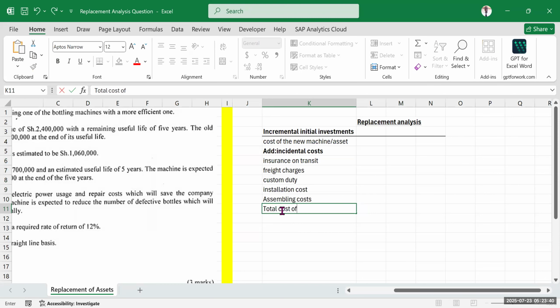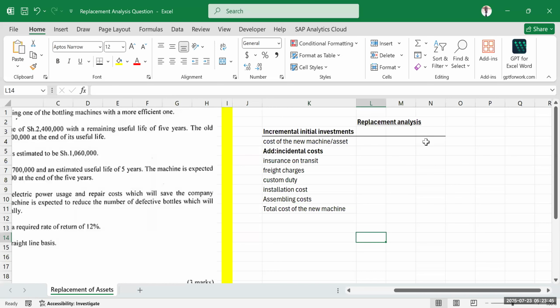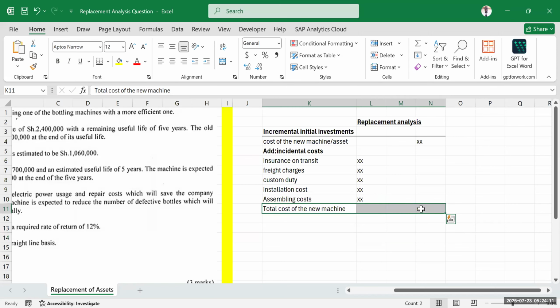So if I had my cost of the machine in the purchase as that, then I have all these others, now I will add the total incremental or incidental cost, the total additional cost, to the purchase price of the new machine, and that will give me the total cost of the new machine. That is the format that will help you to follow through.